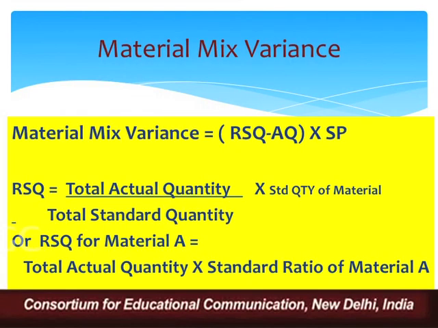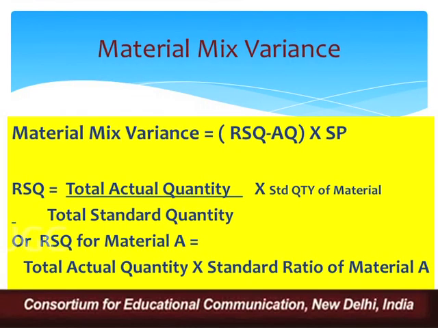But if there is some variance, that variance needs to be accounted for, and for that we compute material mix variance, so that we can understand whether there is any difference between the proportion of these two or more types of raw materials which we are using for producing a given level of product. For that finished goods, we have to understand what the ideal or standard proportion of these materials is, and whether it has been followed or complied with. For that we compute material mix variance.